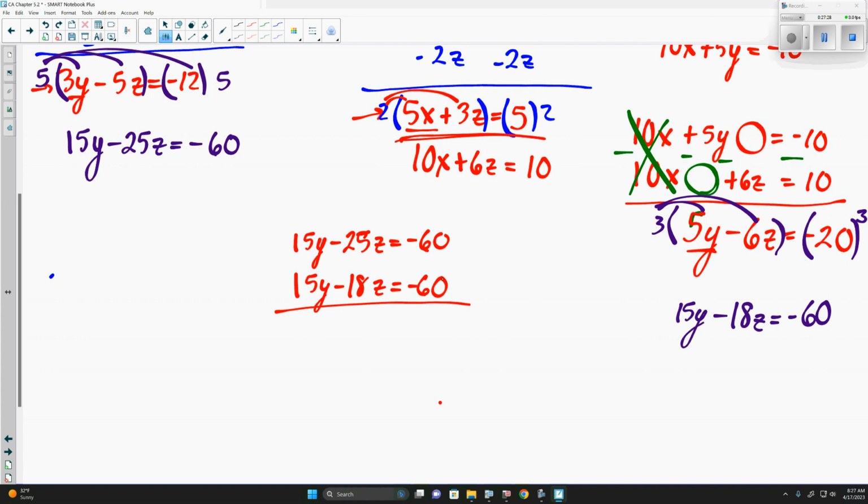Now we can put them over the top of each other. And are we going to add or subtract? Oh, we're going to subtract.